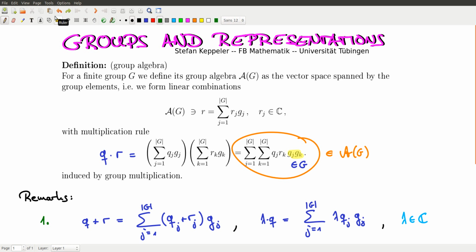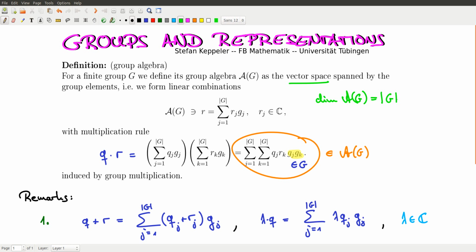And as a vector space, since the group elements are the basis for this vector space, it has dimension order of the group. So that's the dimension of the group algebra.